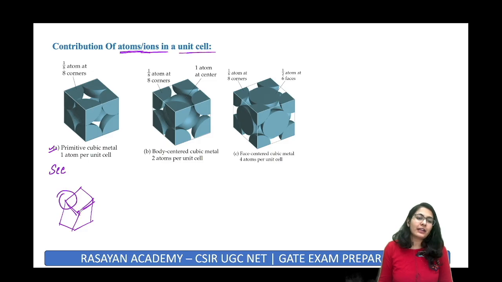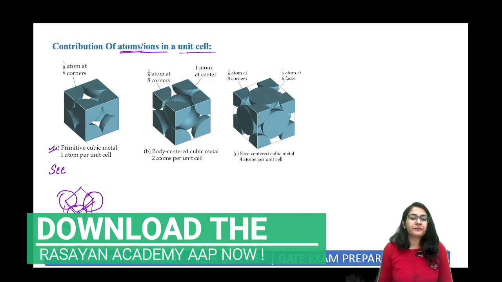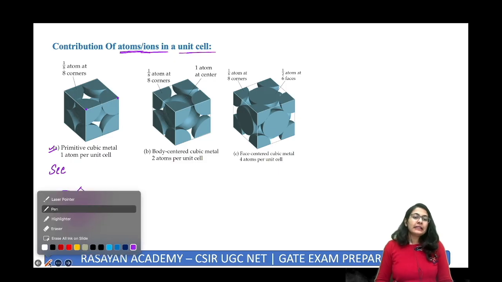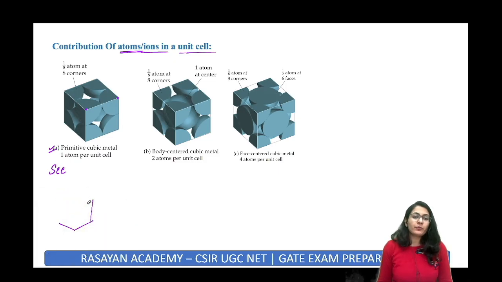The lines are imaginary, where I'm imagining they are just the internuclear axis of the adjacent atoms. So the unit cell is actually like this, where this edge has this part of the atom situated on it. The most important part is that you have to imagine the corner.